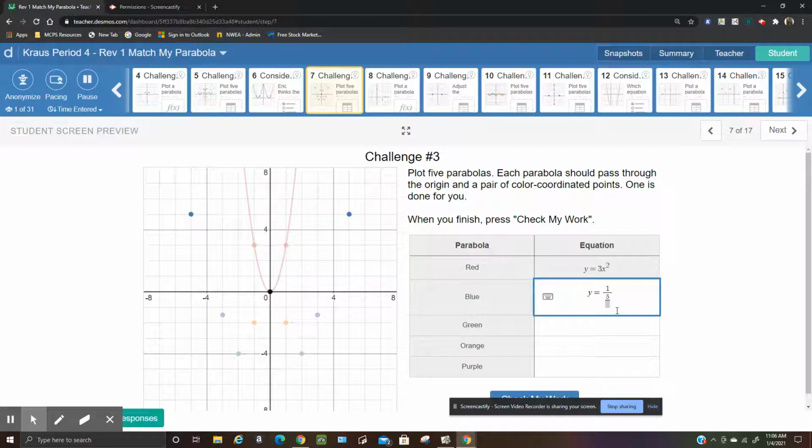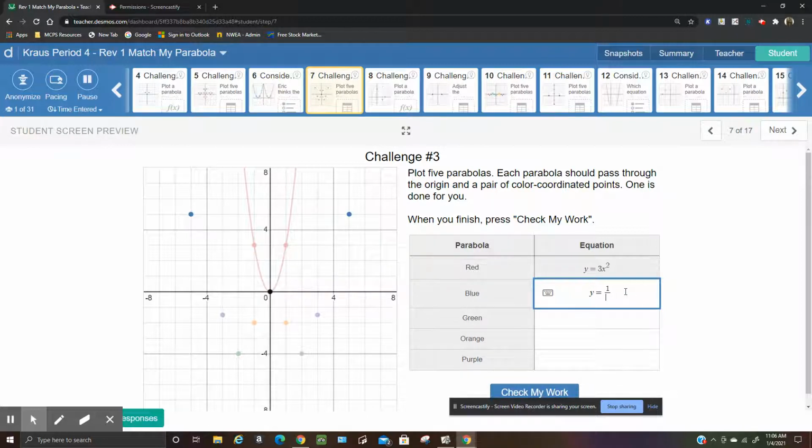Let me fix this. And that works. The green one is facing downward.